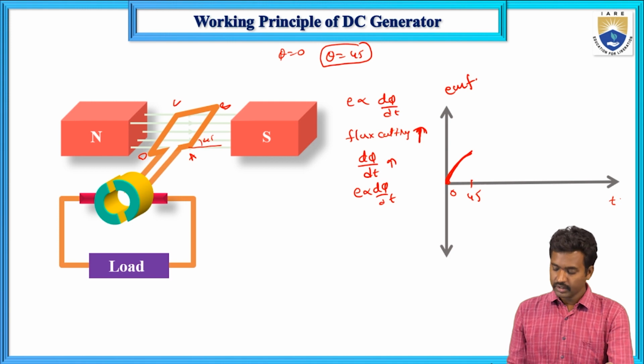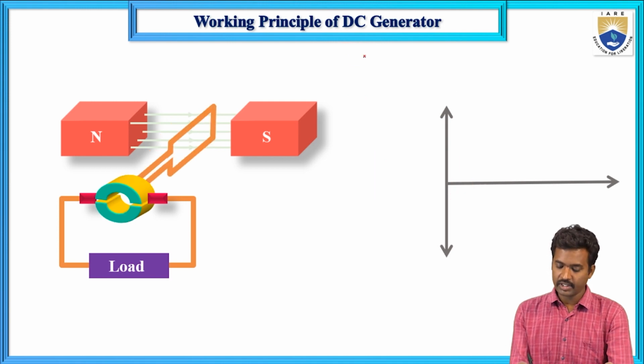Now the next case, at 90 degrees. At theta 0 degrees the EMF is minimum, almost 0, and at 45 degrees it increases.